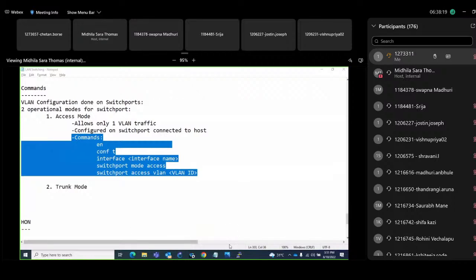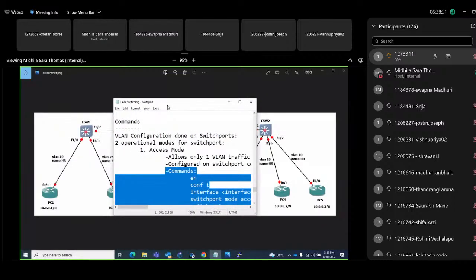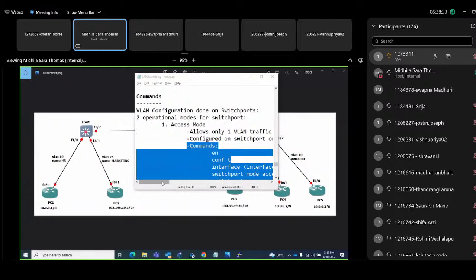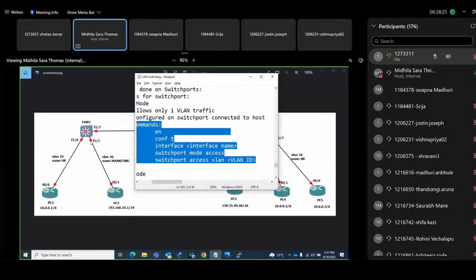Done. Now let me go to my diagram. So what is happening? You tell me, F1/0 of ESW1: should it be given the command of access mode or trunk mode? Access. So what I'm going to do is enter the F1/0 interface.